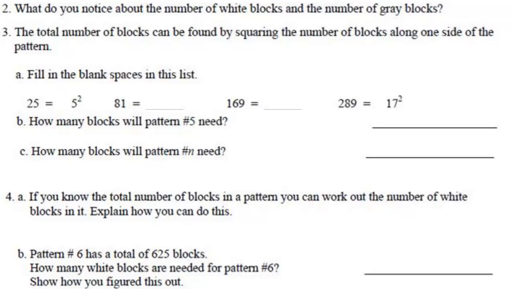So for figure 1, there are 12 white, there are 13 gray, and the total was 25. For figure 2, there are 40 white blocks. How many gray blocks were there?